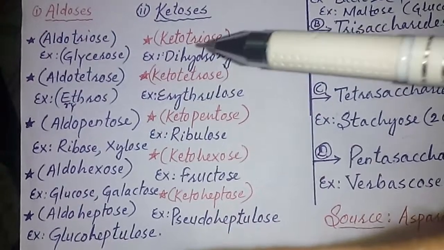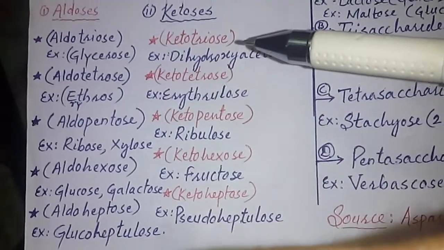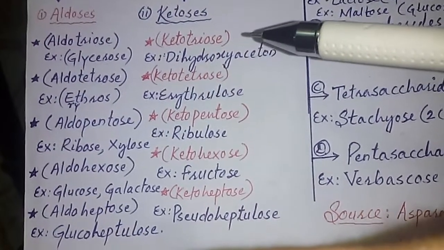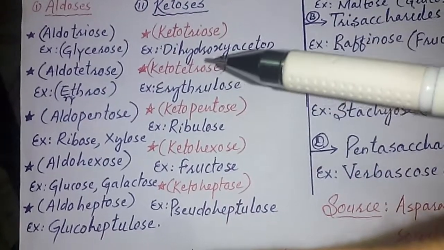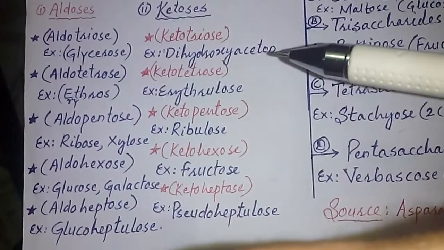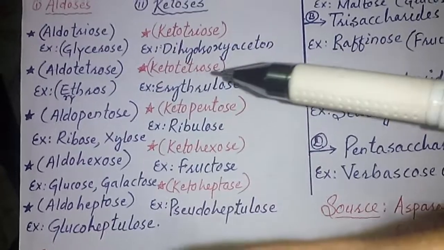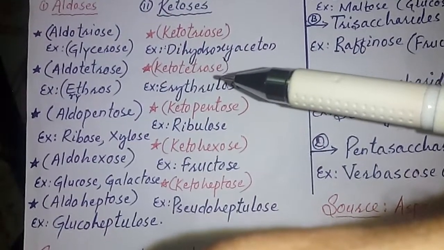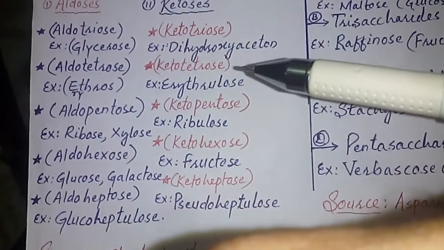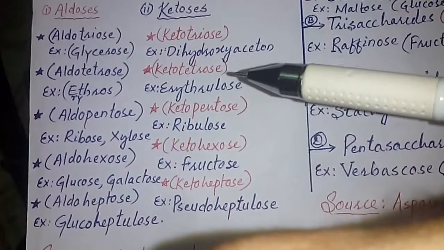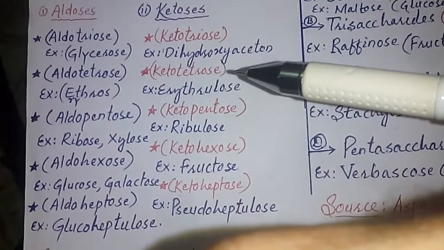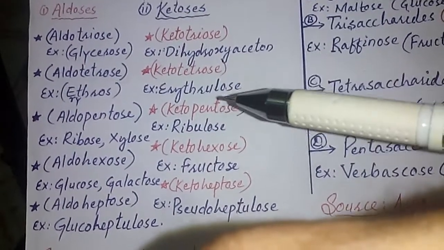The first type is ketotriose, meaning those type of ketoses which consist of 3 carbon atoms. For example, dihydroxyacetone. Then the second type, ketotetrose, means those ketoses which contain 4 carbon atoms.